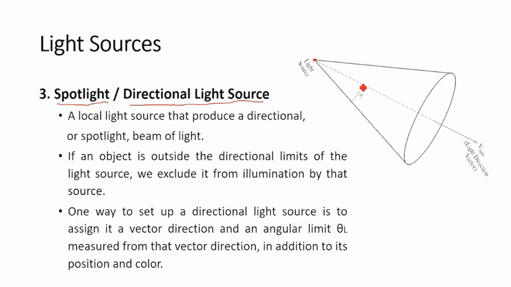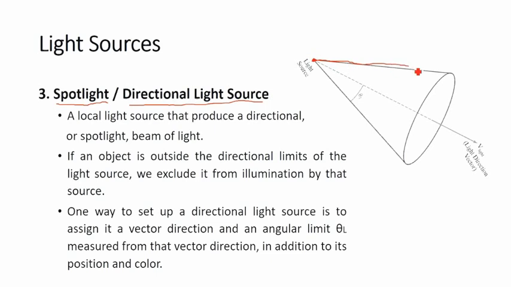From a certain position or place, it emits the light in one direction. Because of that, it produces the effect of a beam, and the path of the light creates a cone.